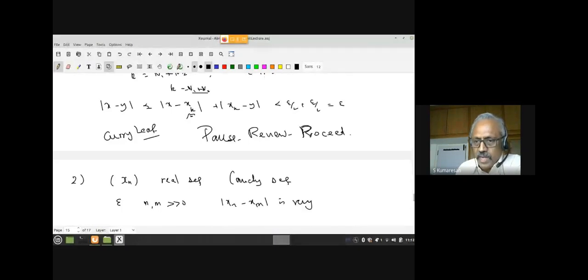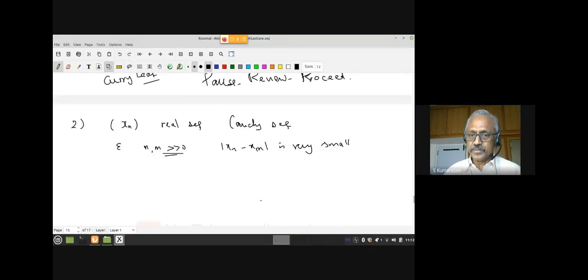This is a very qualitative way of saying. See, when I say n is very large, I don't quantify. And when I say xn and xm are very close, or the difference between them is very small, I again don't quantify. Do you understand that? This is qualitative. Analysis comes when I make it quantitative. So what does it say?